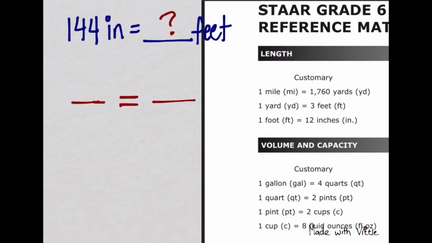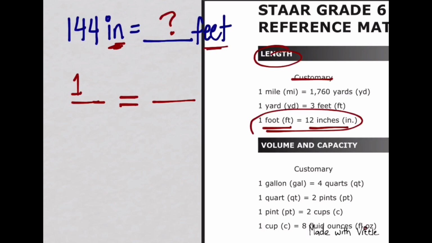So where do we begin? We're going to look at inches and feet. So under the length in customary, that is 1 foot is 12 inches. So that's going to be your first fraction or ratio. 1 is to 12. This is your number of feet. And this is the number of inches.